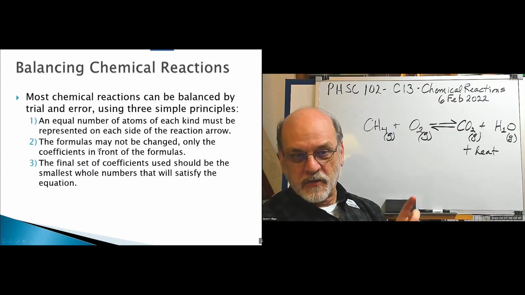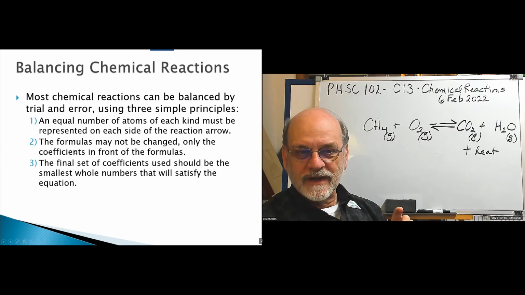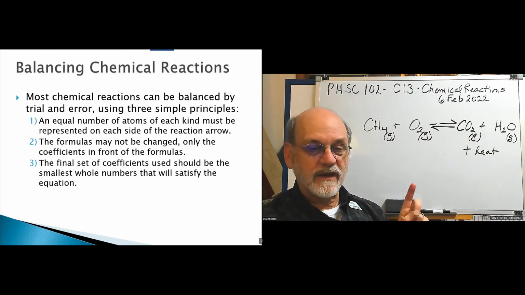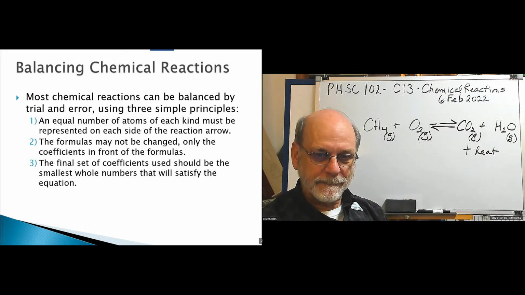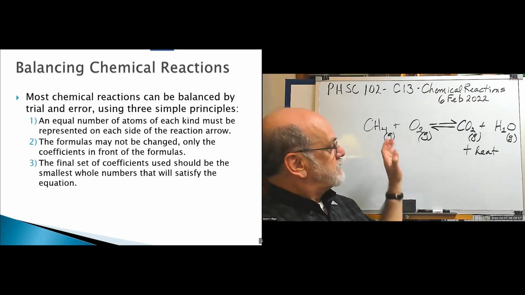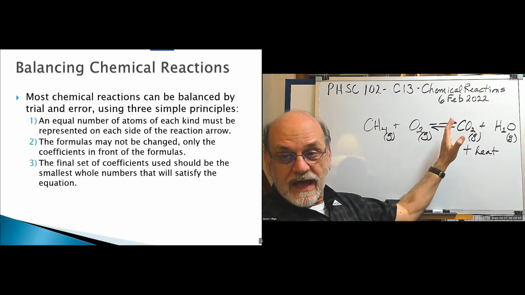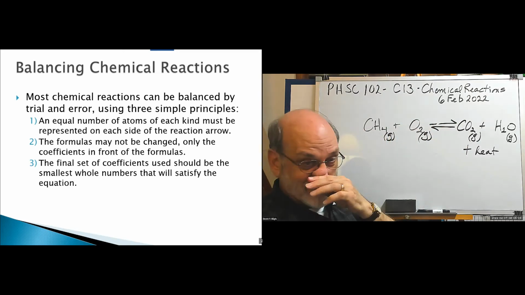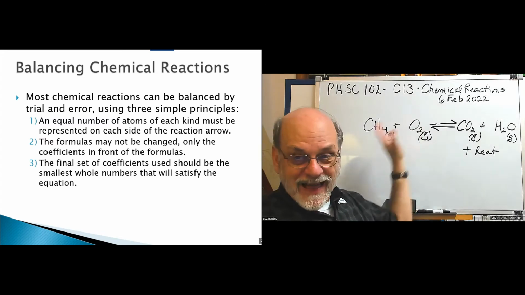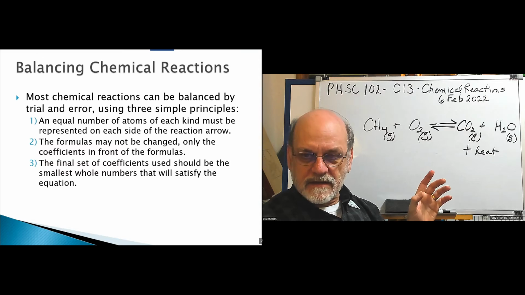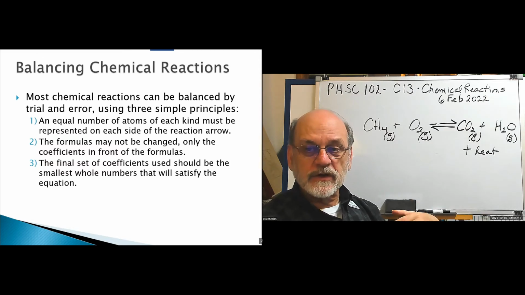Which brings us to the second rule. You cannot change the formulas. Once those formulas are written correctly, you cannot change them to balance an equation. And then if you have coefficients and you've established that you have the same number of each element on each side, then you need to look at the coefficients and see, can they be reduced?